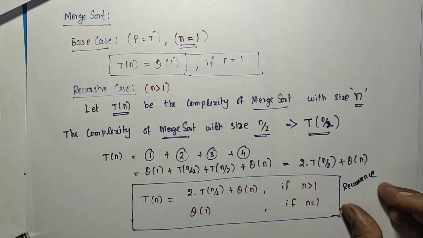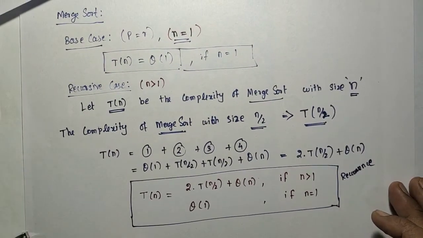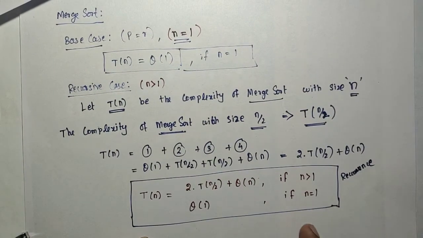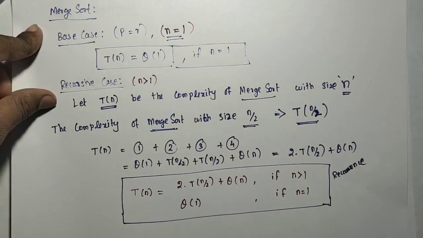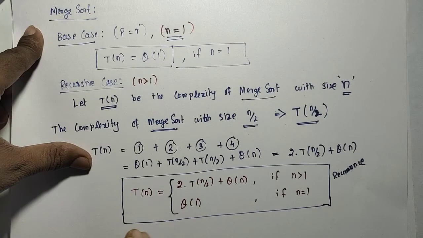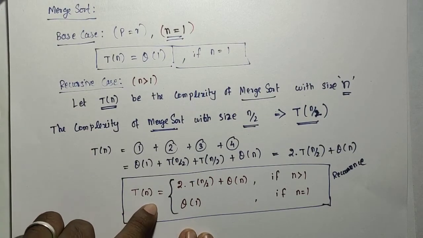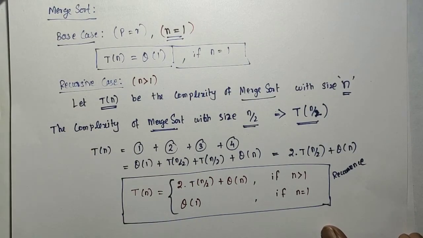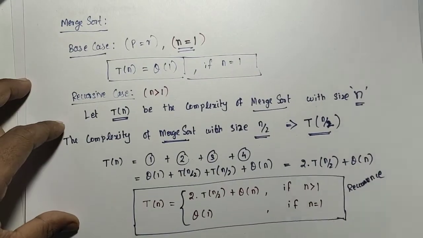So we need to solve this recurrence. We have already discussed a method for solving this type of recurrence. This is the recurrence we are obtaining for the merge sort algorithm. Now we need to solve it.